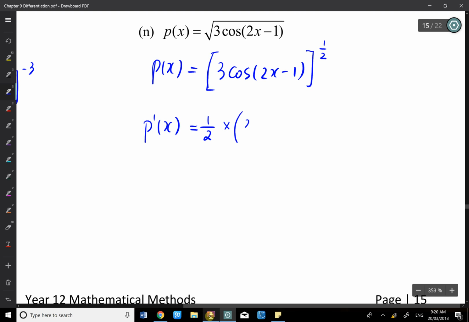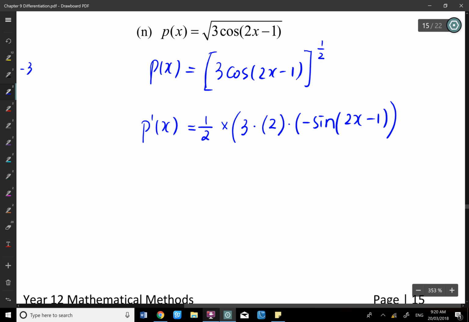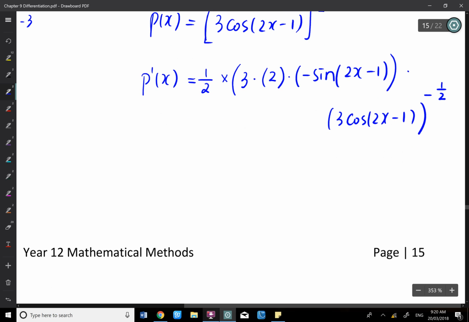What we have is 3 times the derivative of the inside, which is 2 times cosine becoming negative sine, 2x minus 1. And then you multiply with the same function, but reduce the power by 1. You have negative a half.